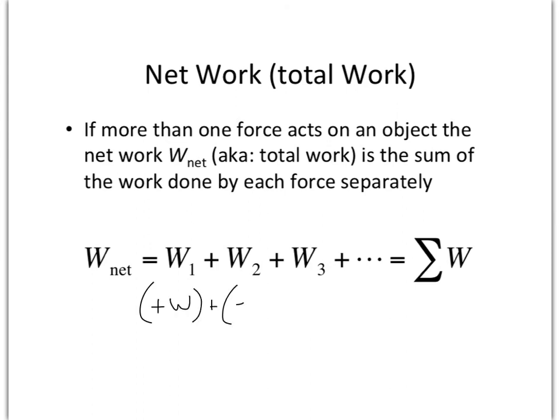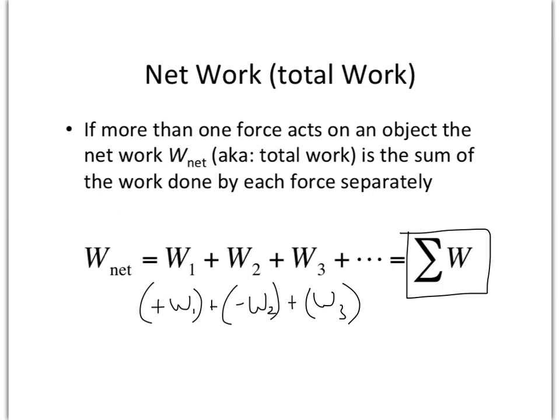This could be some negative work right here. So we have pluses in front of all of them, but what I prefer to do is add them all up, but then if it's negative, just have a negative in front of that individual work value. So positive work 1, negative work 2, positive work 3, etc. And that gives us the net work, or the sum of all the works that is applied to a system.